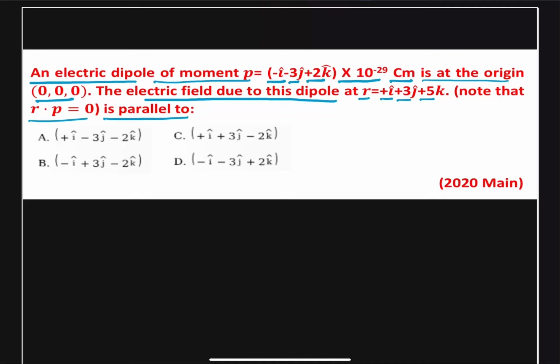Okay. We know the general formula for the electric field due to a dipole moment.